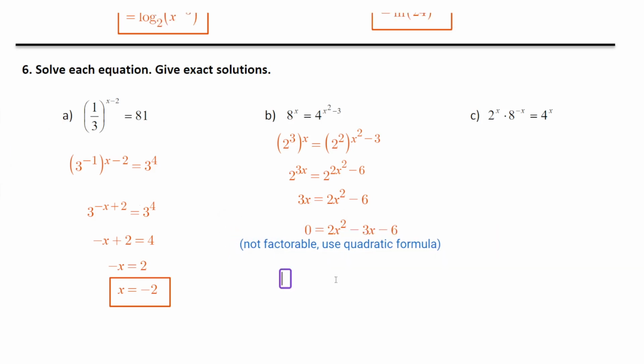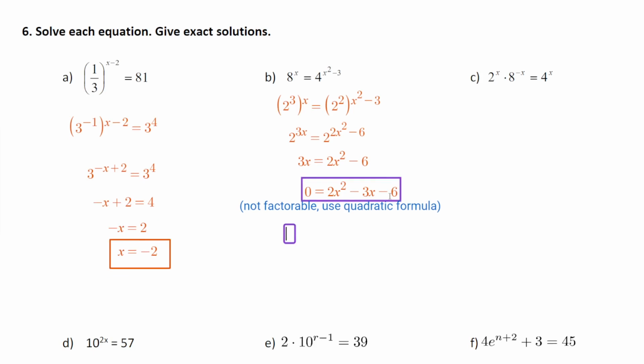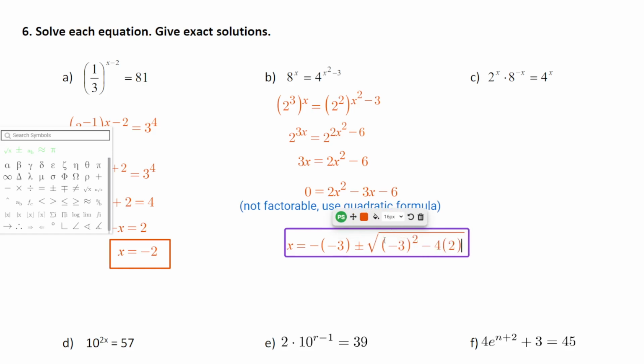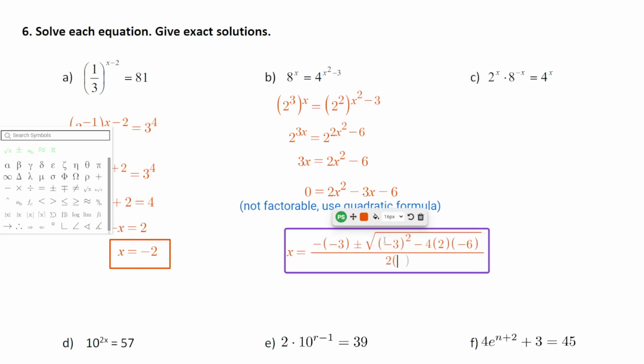So the quadratic formula, I'm going to read it and say A, B, and C, but as I say A, B, and C, I'm going to be plugging in 2 for A, negative 3 for B, and negative 6 for C. So x equals negative b plus or minus the square root of b squared minus 4ac, divided by 2a.